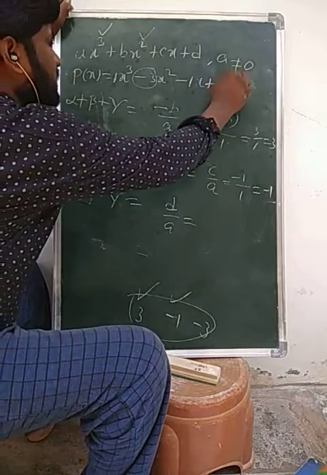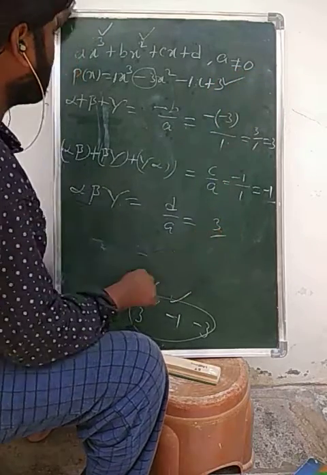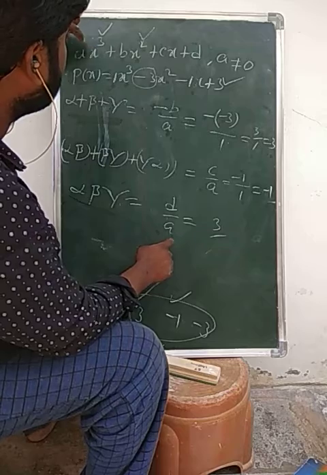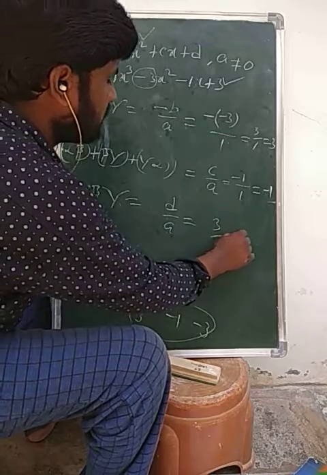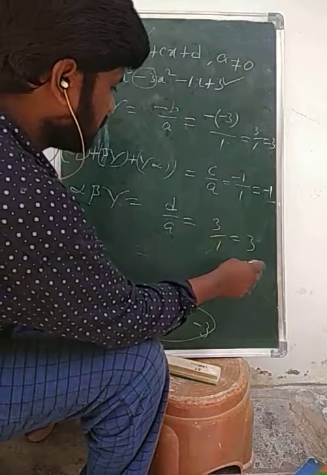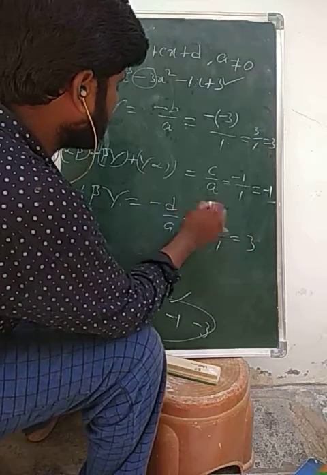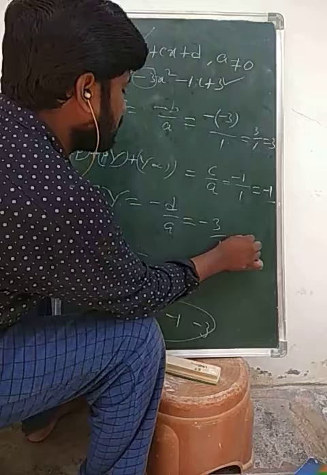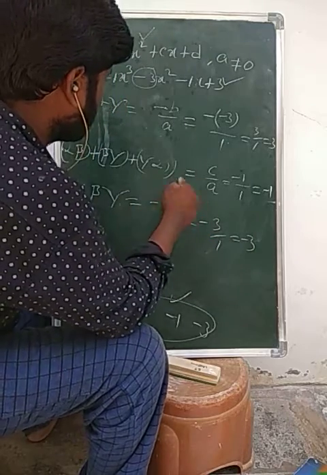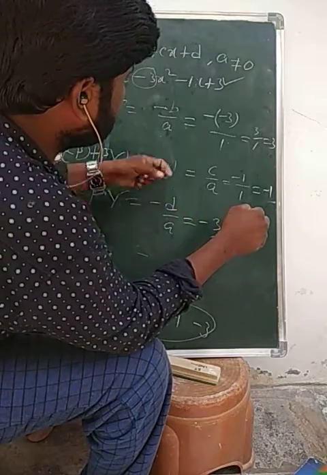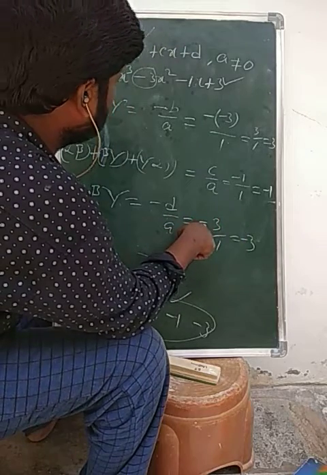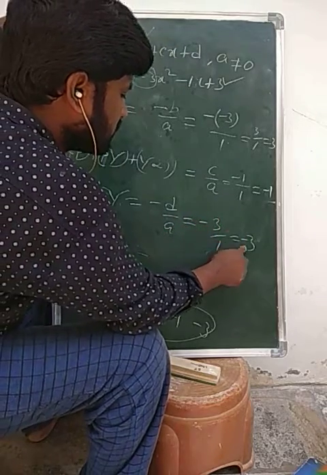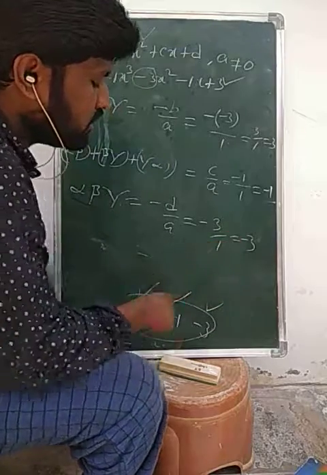In the place of d, 3 is there, and the coefficient of x cube is 1. So the product of zeros is minus the constant term by the coefficient of x cube, that is minus 3 by 1, which equals minus 3. So we get minus 3 here.